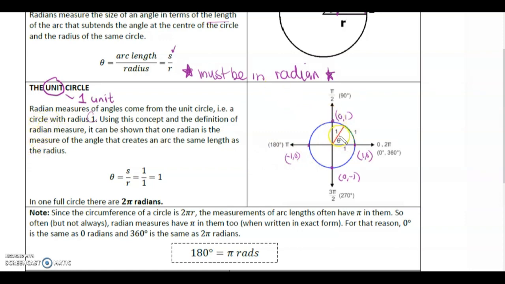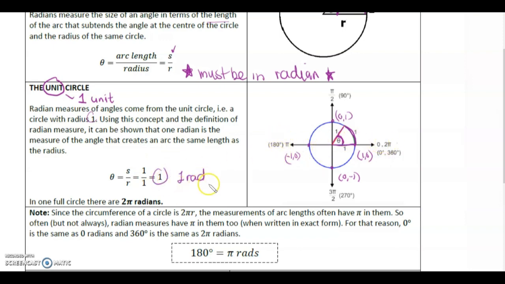If we have some angle theta, with a radius of 1 and an arc length of 1, we're going to have theta equal 1, so 1 radian. And 1 full circle is 2 pi radians. When we write 1 radian, we put rad.